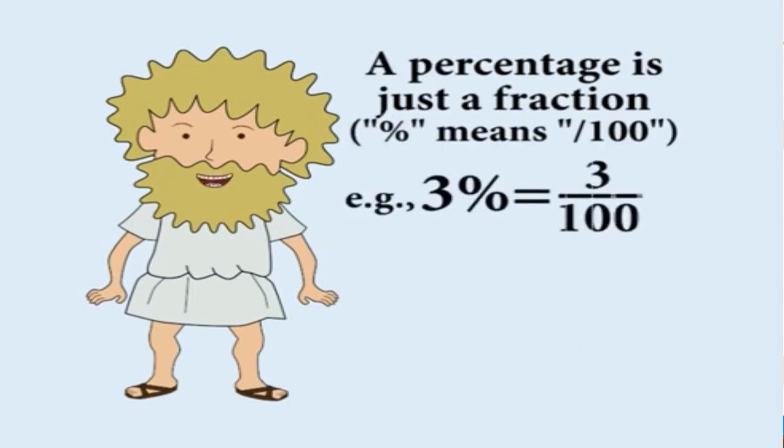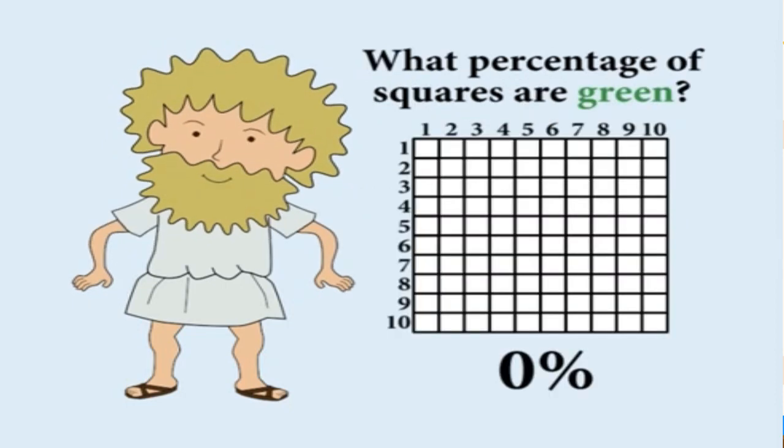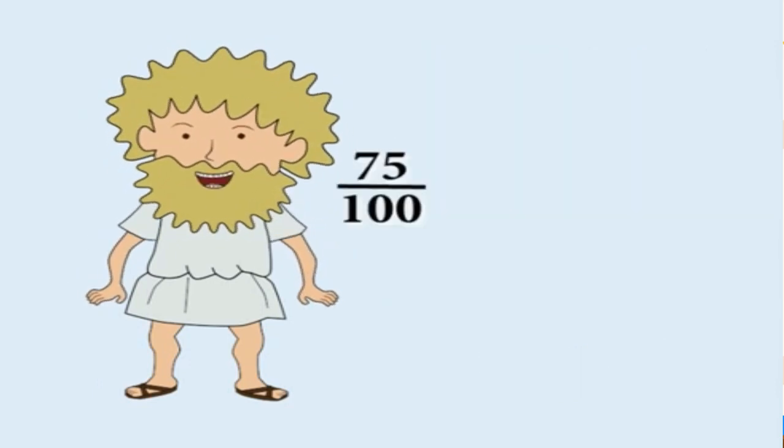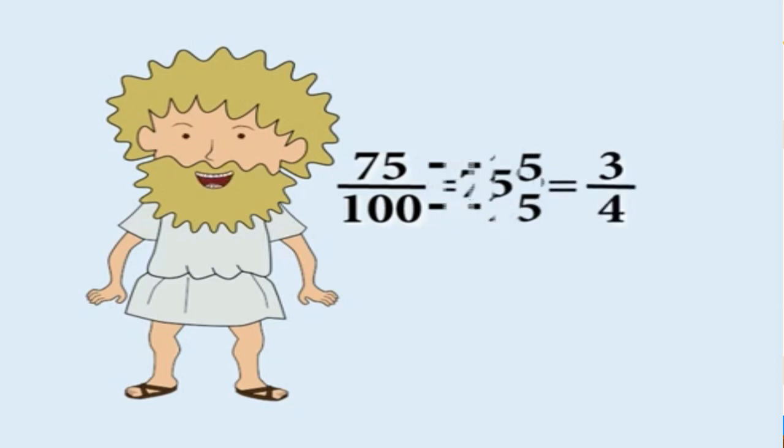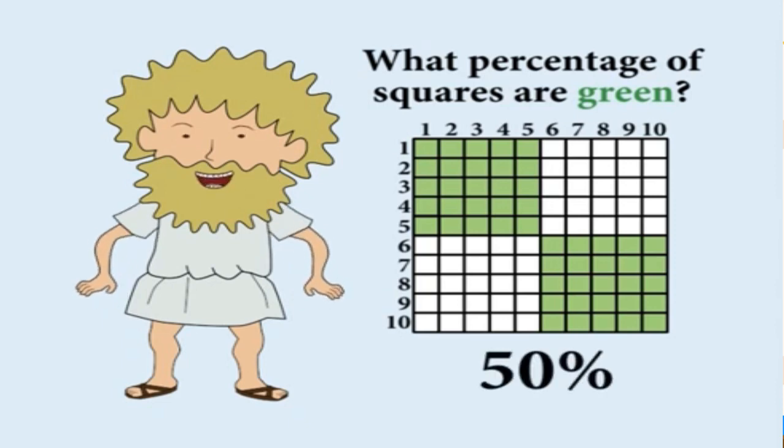You can express them as fractions instead by putting them over 100. Find the highest common factor and divide the top and bottom if you want to simplify.